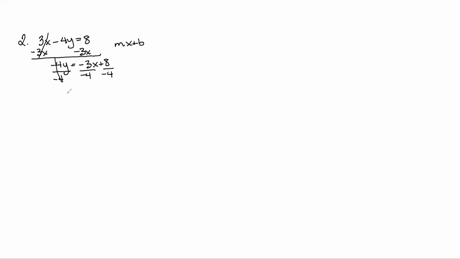And so we get y equals negative over negative is a positive. 3 over 4 can't be reduced, so 3/4 x. 8 divided by negative 4 is negative 2. And so now our slope is 3/4. So the rise is 3, so up 3, right 4. They're both positive.